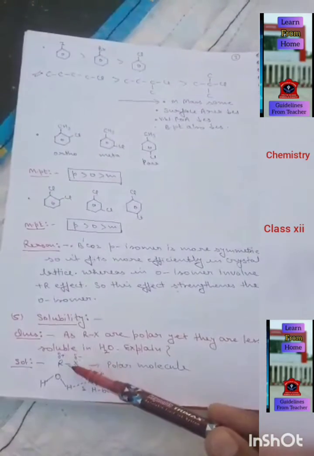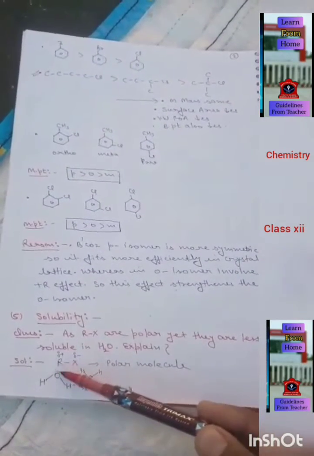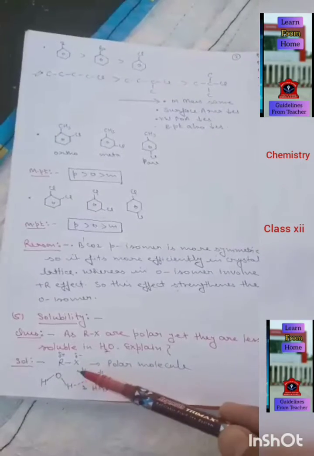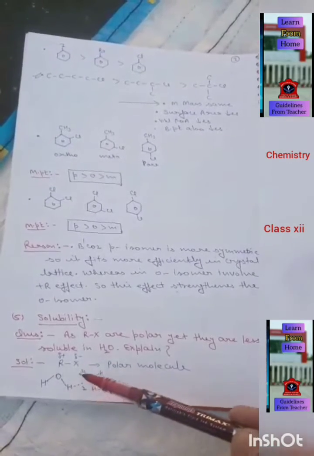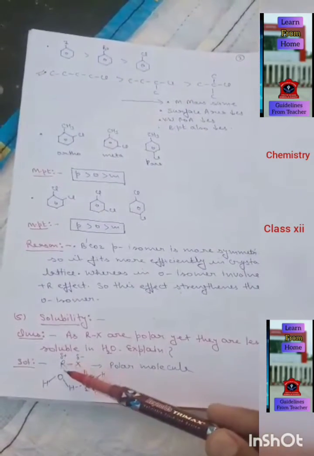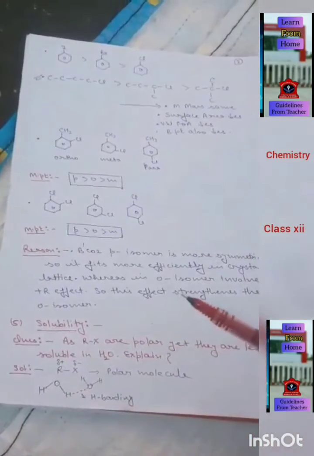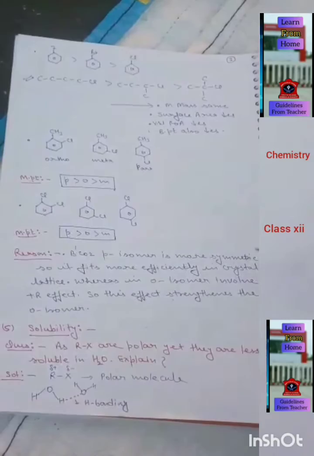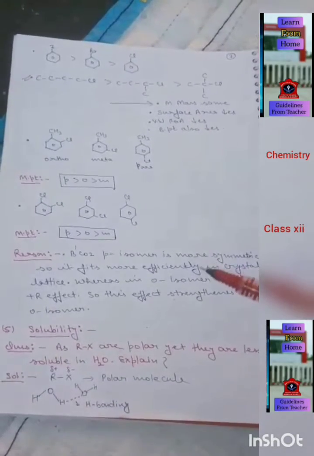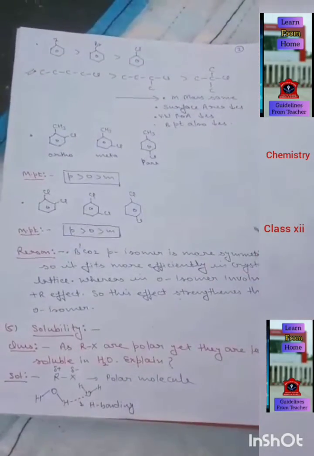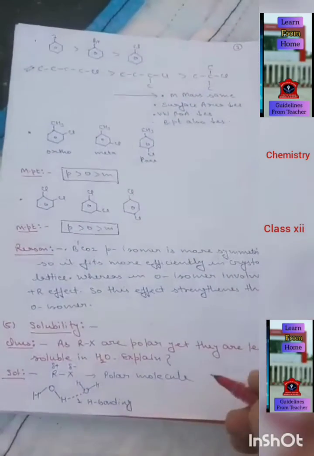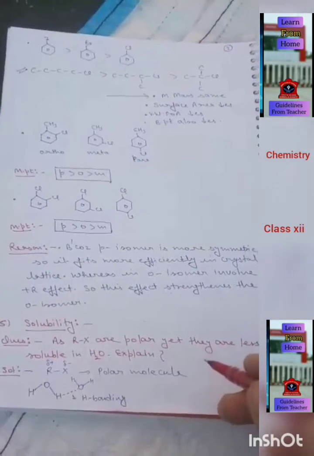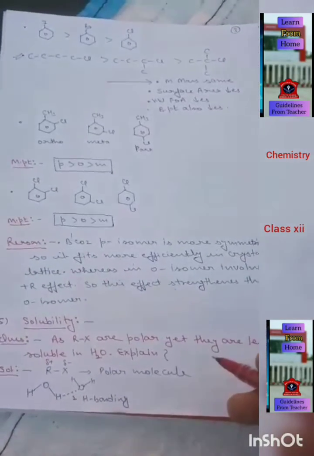To dissolve, energy is needed to break the hydrogen bonds of water, and new bond formation also releases some amount of energy. But this new amount of energy is not sufficient. That's why they are not soluble, or we can say these are only slightly soluble in water.